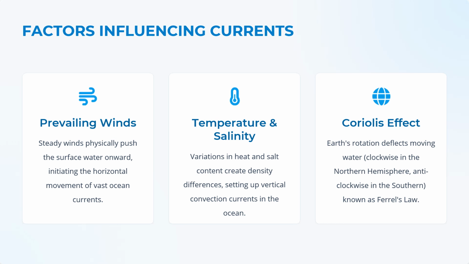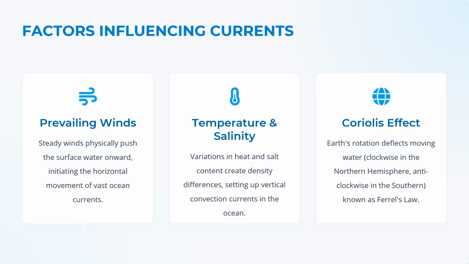And in horizontal movement, the factors that influence the horizontal currents are winds, temperature, salinity, and Coriolis effect. Winds are a very important and impactful factor. Steady winds physically push the surface water onwards, initiating horizontal movement of vast ocean current.